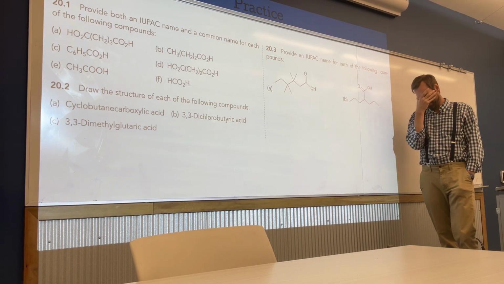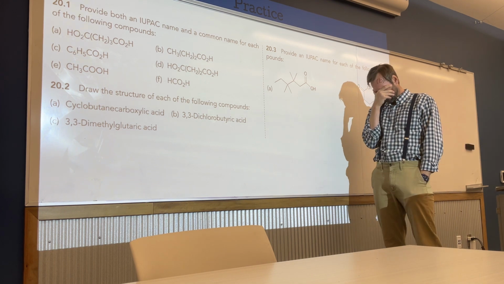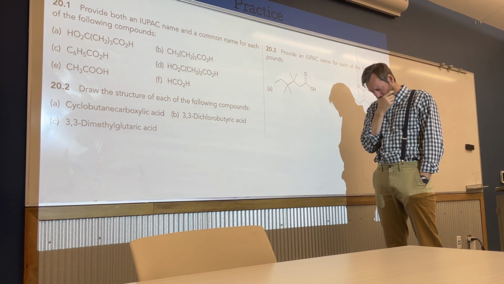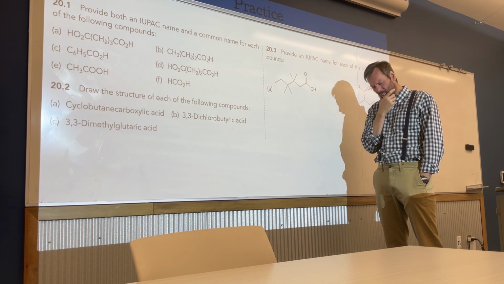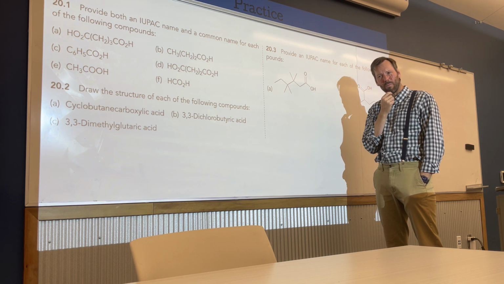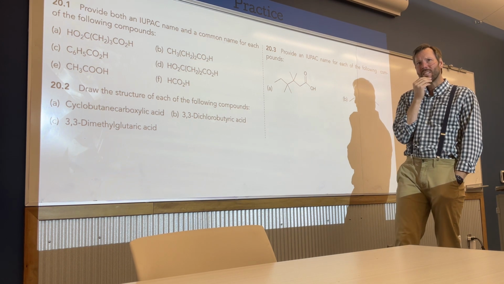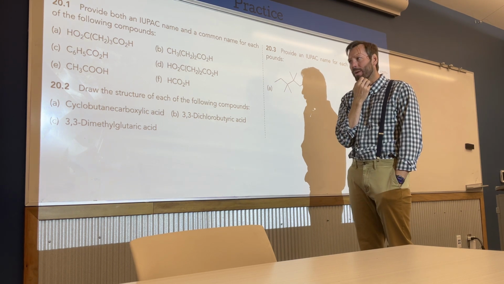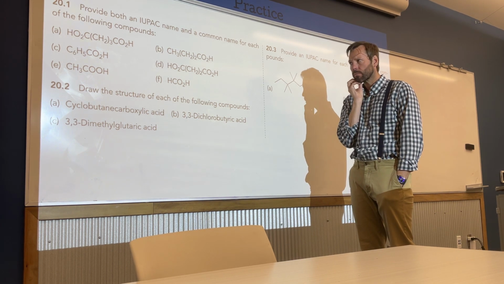And then what did I say the IUPAC name was? Did I say benzene aldehyde? That wouldn't be right, because it's not an aldehyde. Benzene carboxylic acid. Yeah. Benzene carboxylic acid, or benzoic acid, common.